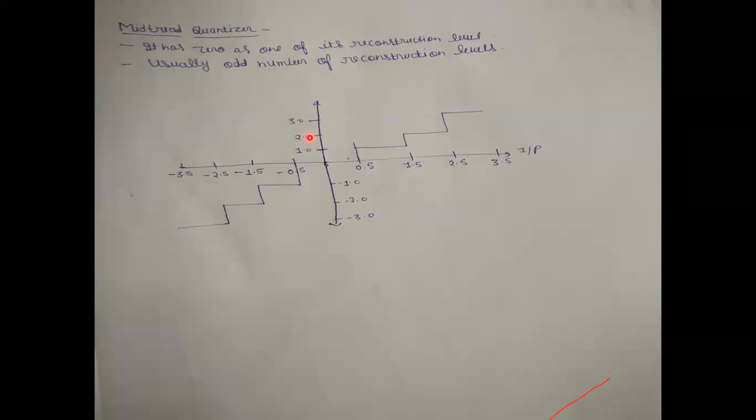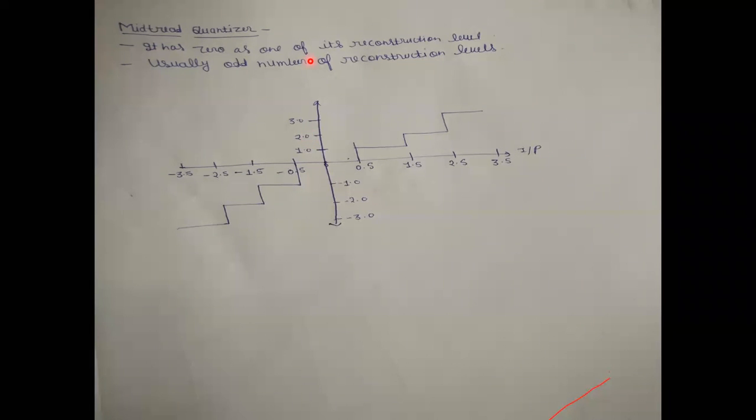In the mid-rise quantizer, the number of reconstruction levels was even, and it does not include 0 as a reconstruction level. But in the mid-tread quantizer, we will use 0 as an output value, and it is generally used for an odd number of reconstruction levels.